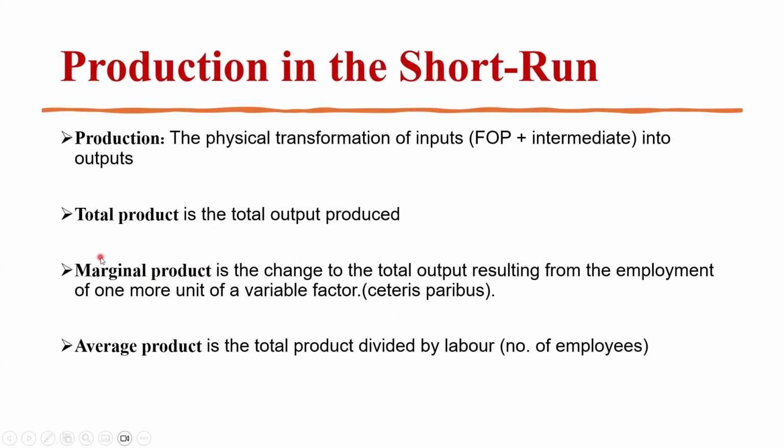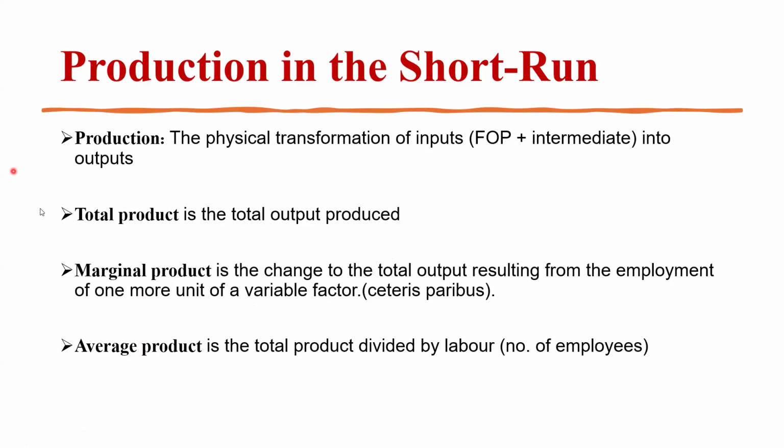Just think of extra. So what this is saying is that marginal product is the extra product. Let's replace product with output. So it is the extra output, obviously, that has been produced, that resulted from the employment of an additional variable input, of an additional worker.